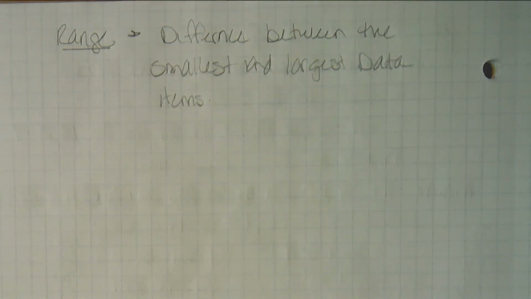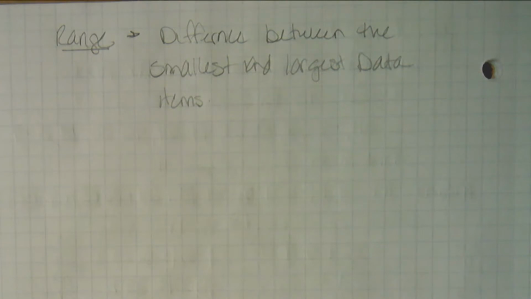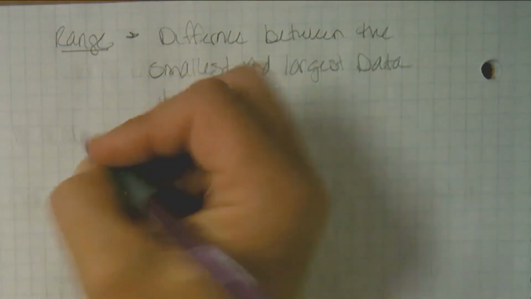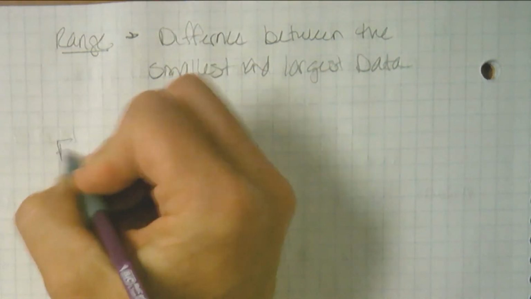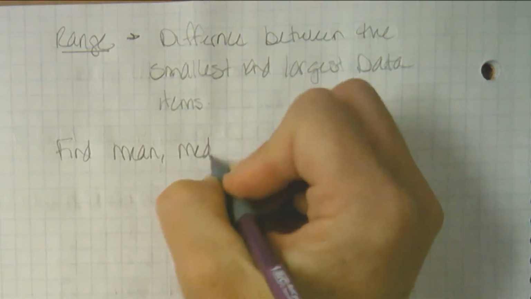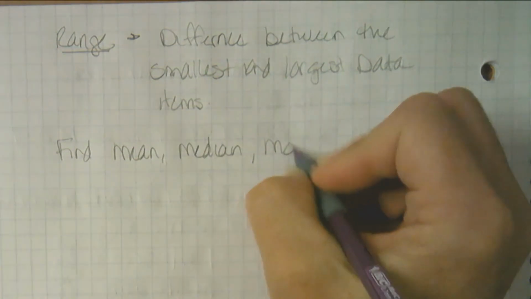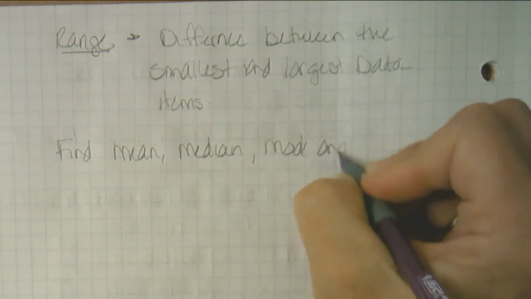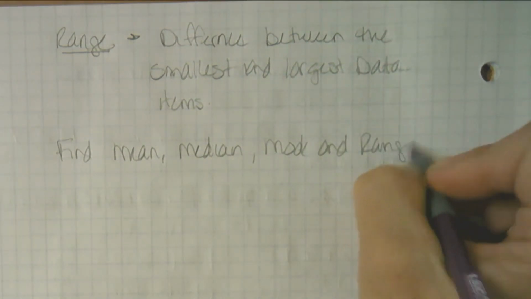All right, so what I want you to do is, I'm going to give you a set of numbers, and I want you to find the mean, median, mode, and range. So I want you to find mean, median, mode, and range.